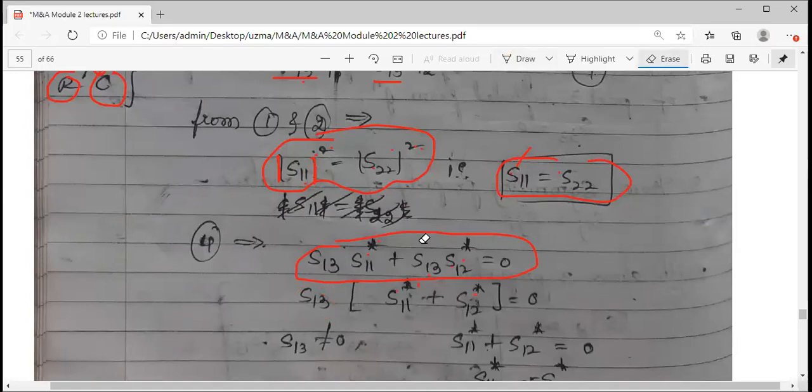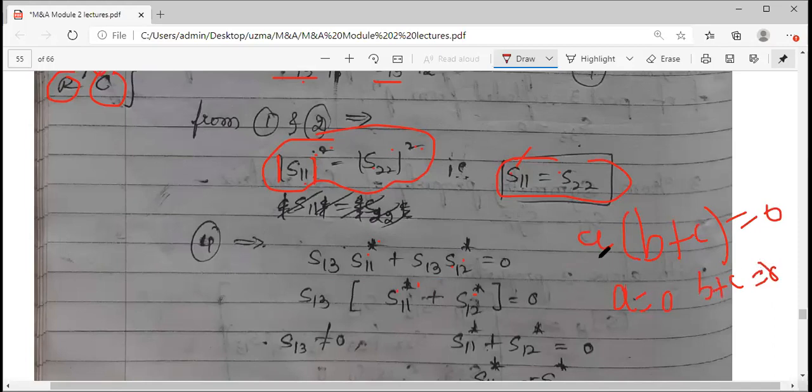Now, what do you mean by this? If you have A into B plus C is equal to 0, what does this mean? Either A is equal to 0, so that the product becomes 0, and B plus C is equal to 0. So one of them is a possibility.